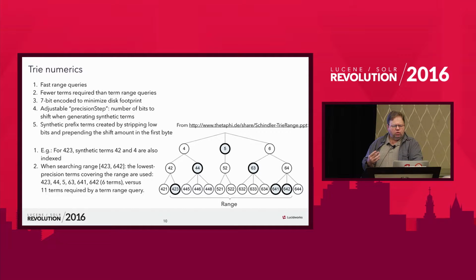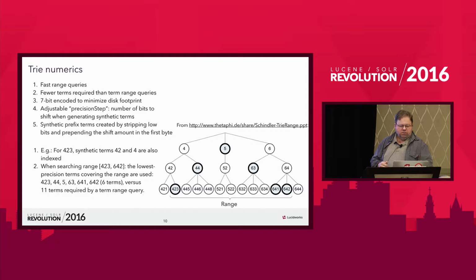It has an adjustable precision step, that is the number of bits to shift when generating synthetic terms. So if you look at the diagram down on the right, it's an example of what terms get generated for a set of original numerics. So the row on the bottom there is numbers, and if you follow the lines upward, you can see the synthetic terms that get generated for each of them.